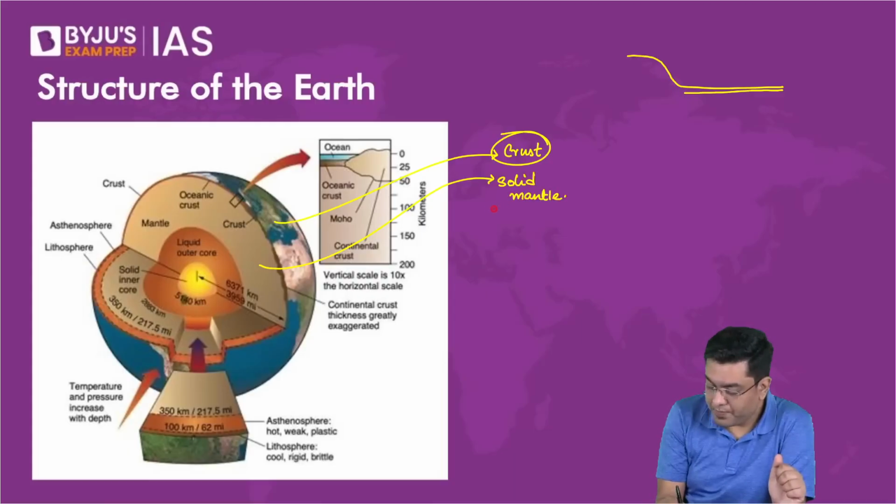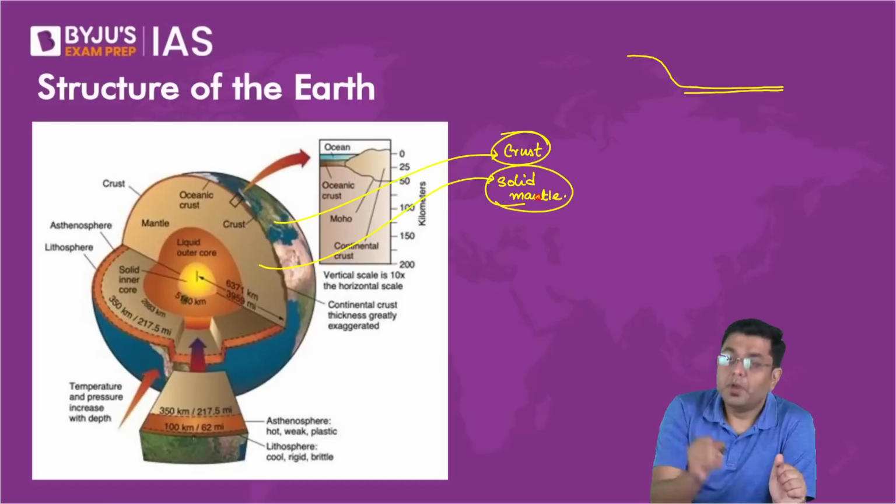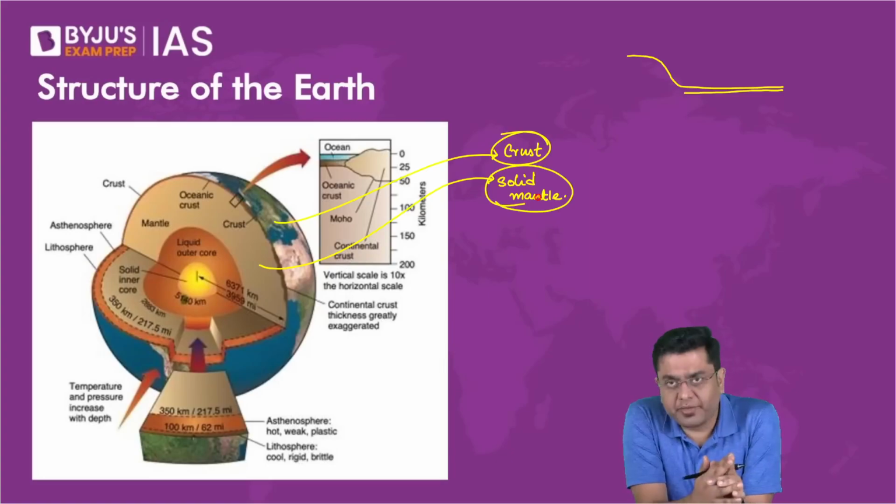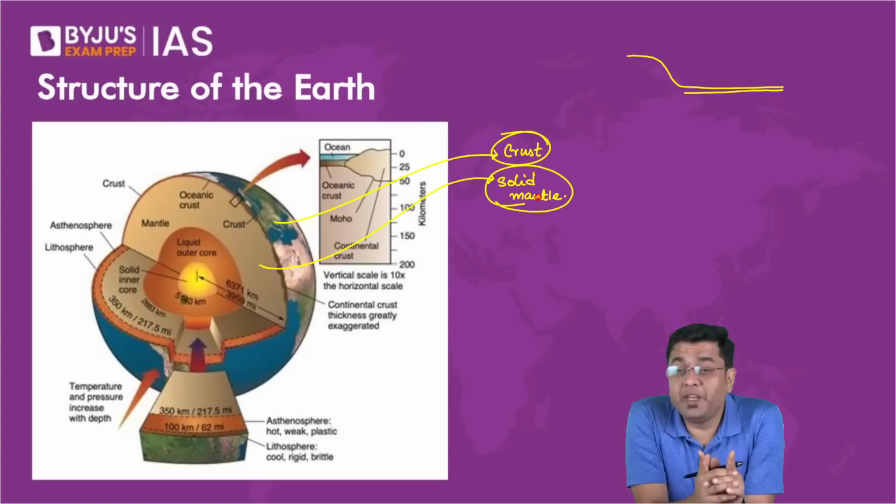Now, this mantle starts roughly around 50 to 70 kilometers below the surface. Not 5 to 7 meters, not 50 to 70 meters, 50 to 70 kilometers, right? Below the surface. That is where the mantle starts.